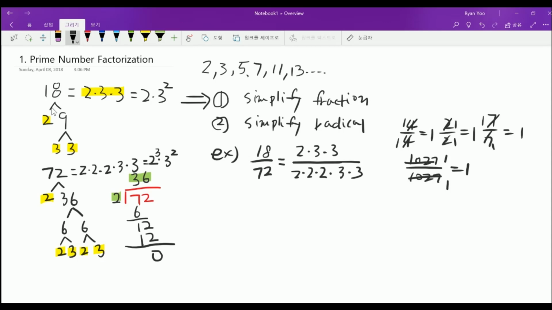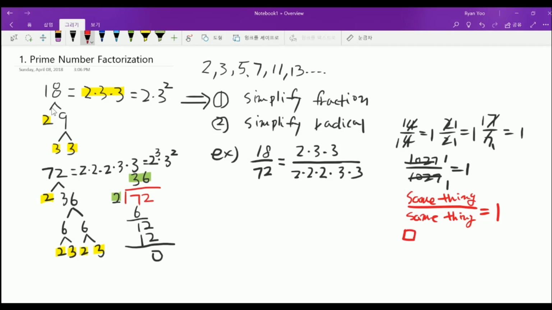So if I abbreviate, I want you to remember this thing. For example, if you have a same thing over same thing, regardless of what that is, it is equal to 1.